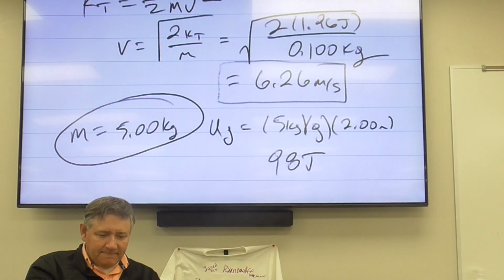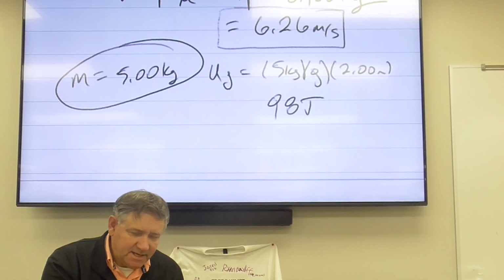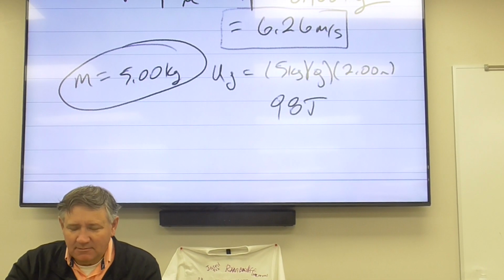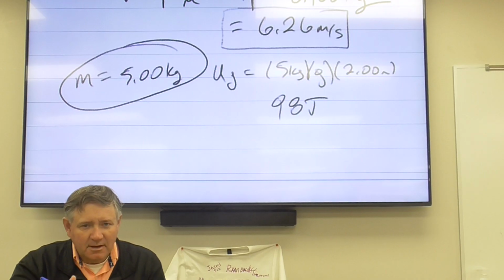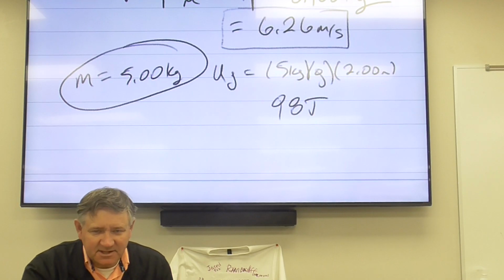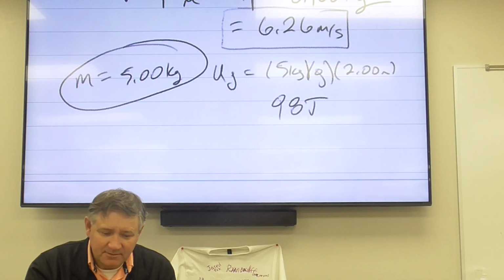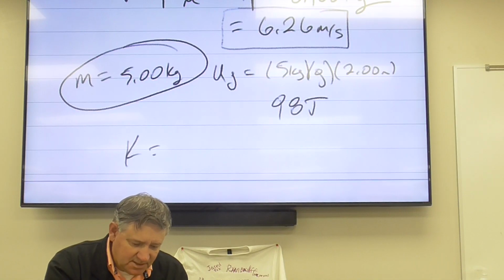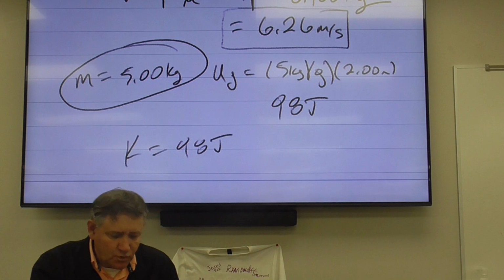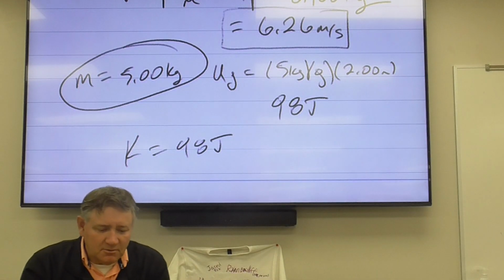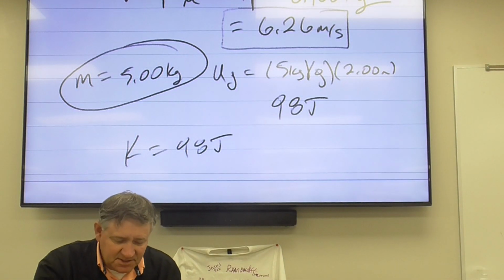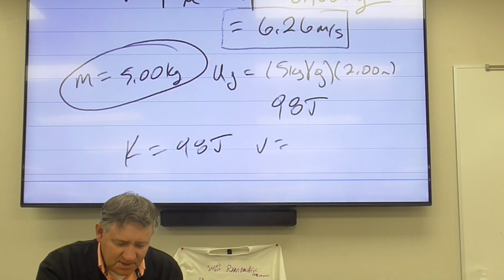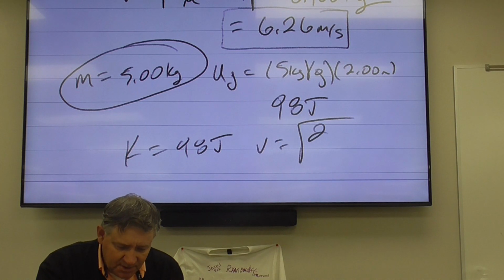Okay. So when Hank hits the ground, how much kinetic energy is Hank going to have? 98 joules. Kinetic energy is going to equal 98 joules. So that's using Preston's equation of v equals the square root of 2k over m.